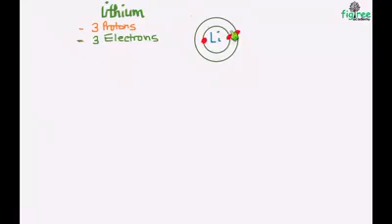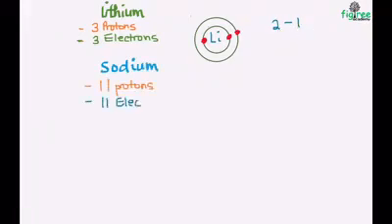Since we said that the first shell, which has the lowest energy, can hold only 2 electrons, the other electron is in the next orbit, which is the second orbit. So here, since we have 3, we have 2 in the first and 1 outside. So this will be the structure of a lithium atom. So it's 2, 1. 2 in the first and 1 in the second.